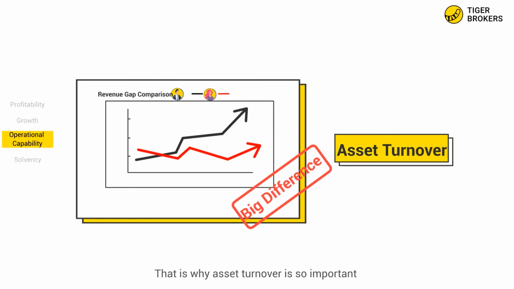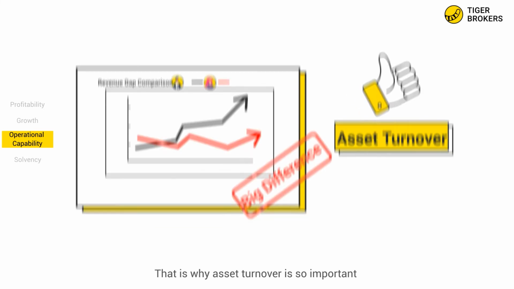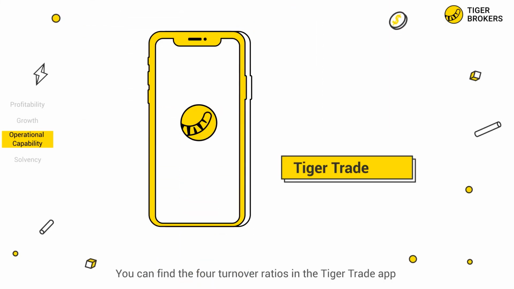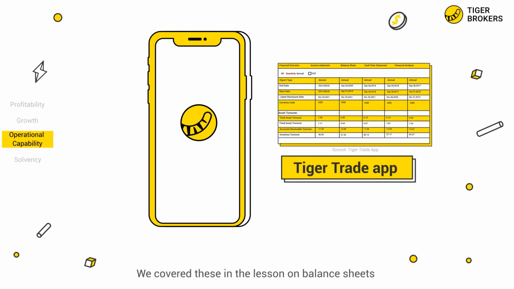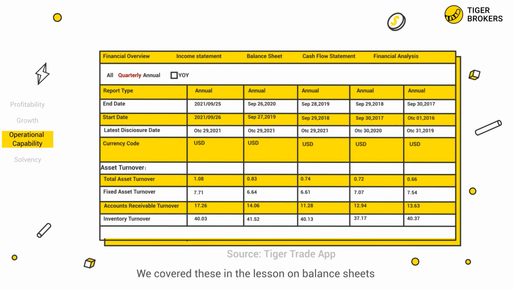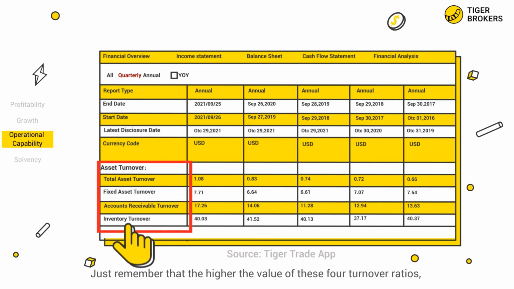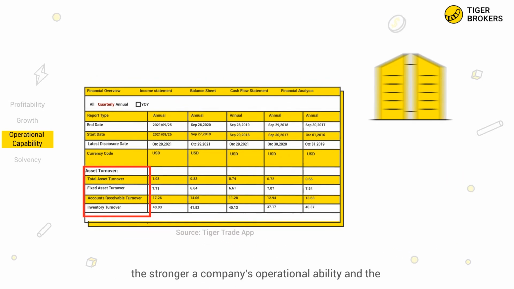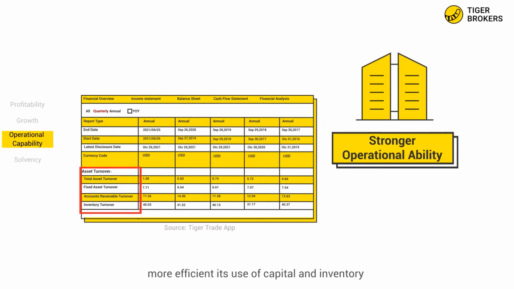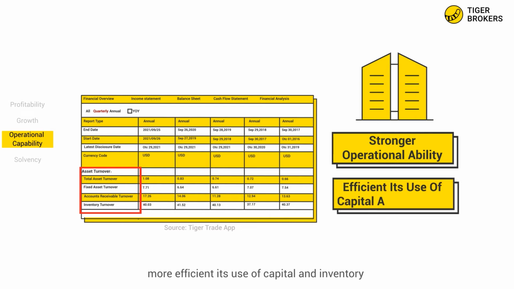That is why asset turnover is so important. You can find the 4 turnover ratios in the Tiger Trade app. We covered these in the lesson on balance sheets, and so will not elaborate further on them here. Just remember that the higher the value of these 4 turnover ratios, the stronger a company's operational ability and the more efficient its use of capital and inventory.